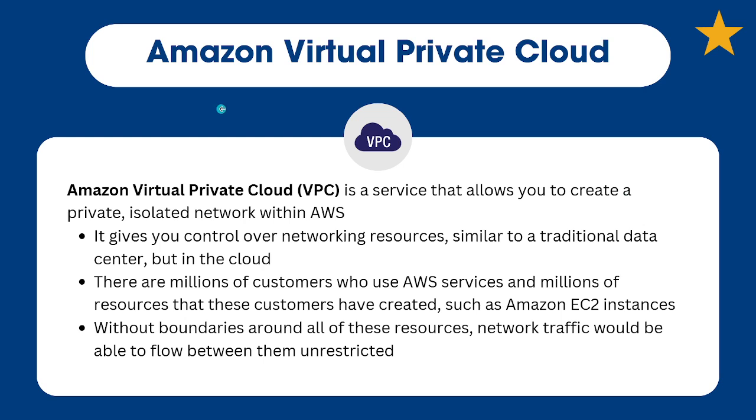So one of the first services that they mentioned is Amazon Virtual Private Cloud, or VPC for short. It's a service that allows you to create a private, isolated network within AWS. So you're running your application, right? You have resources, you have data running through your app.